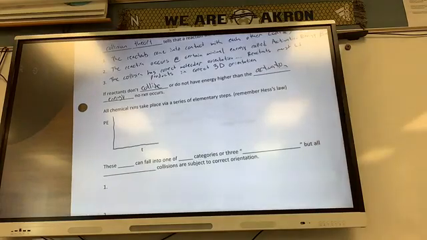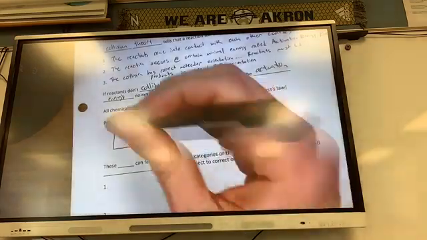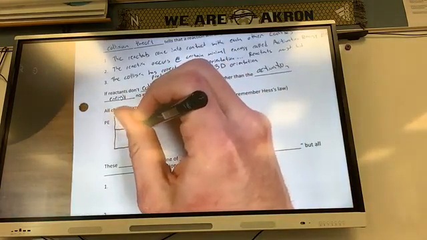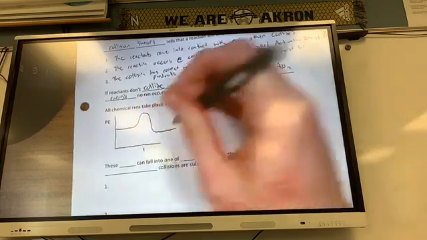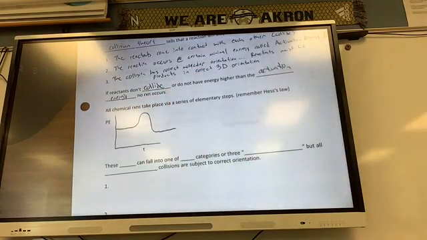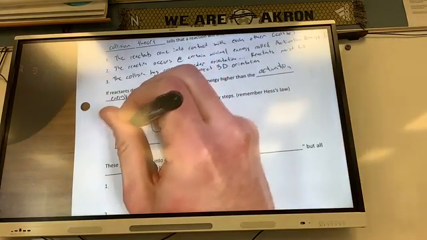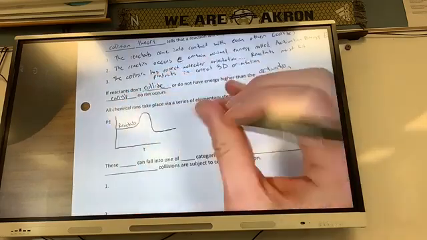So if I have potential energy and I have time, you will see something like this. It goes like this. There's a hump, and then it goes down like this. We've looked at these before. Here's my reactants. Here are my products.